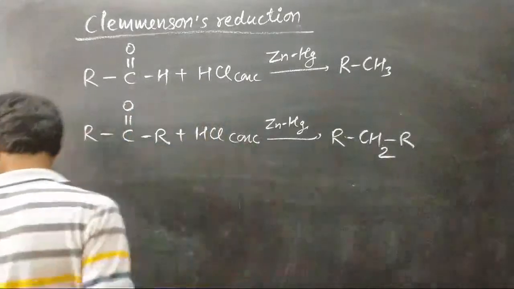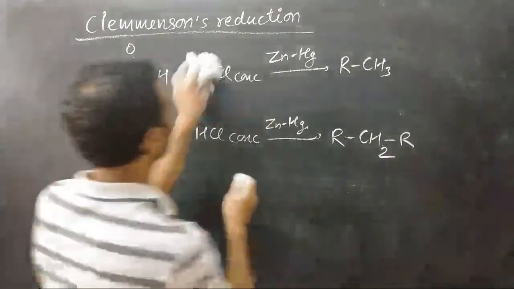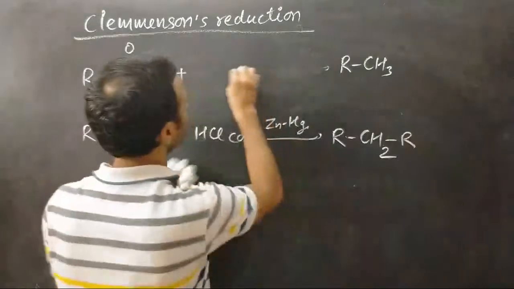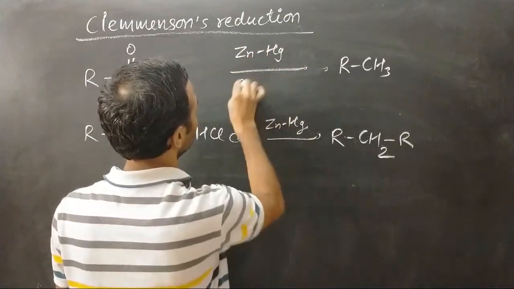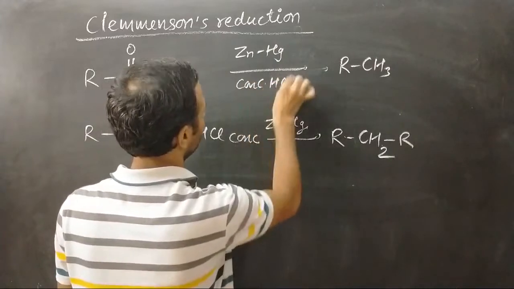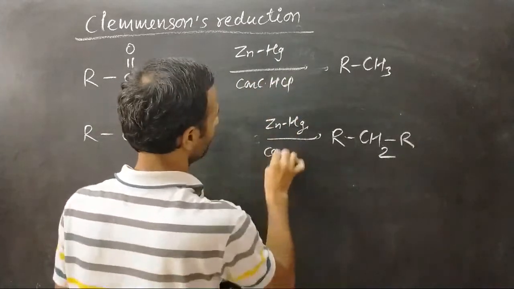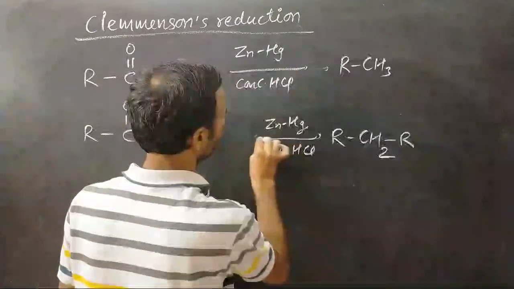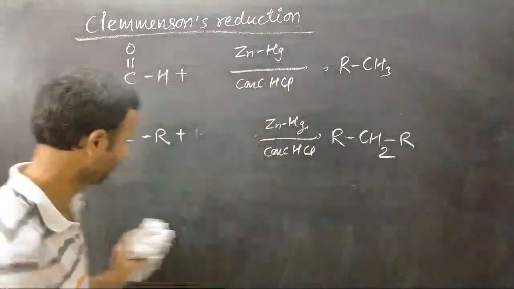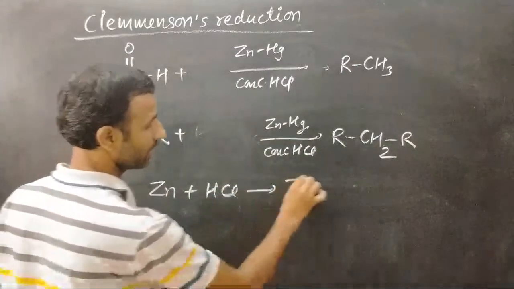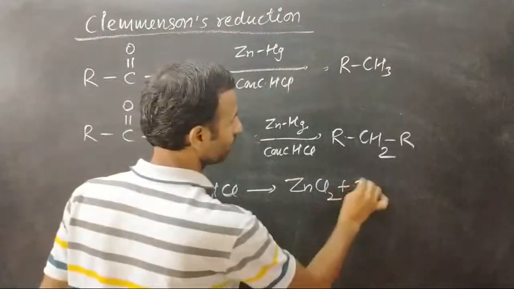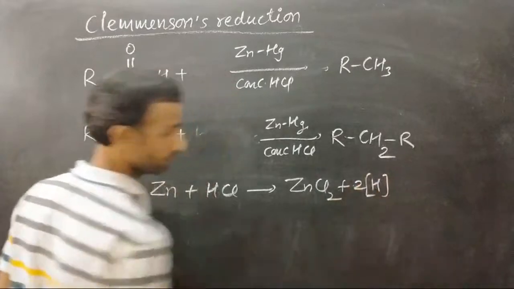So what is the reaction actually? You can write it like zinc amalgam in concentrated HCl. First of all, zinc reacts with HCl. In zinc amalgam, zinc reacts with HCl to give ZnCl2 and nascent hydrogen.